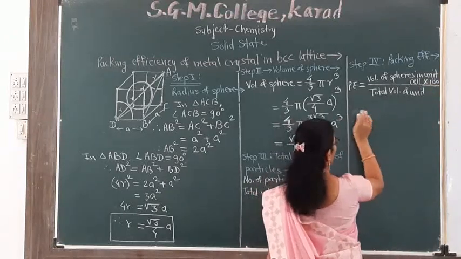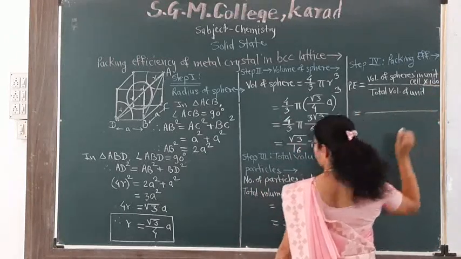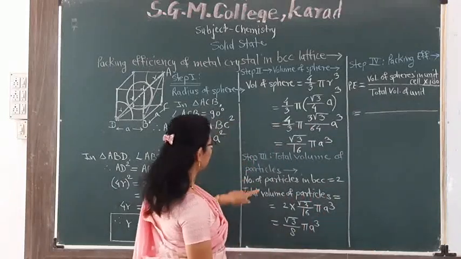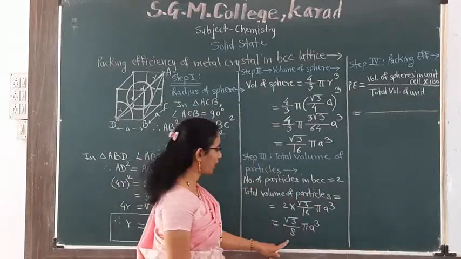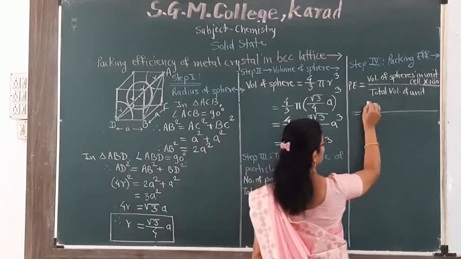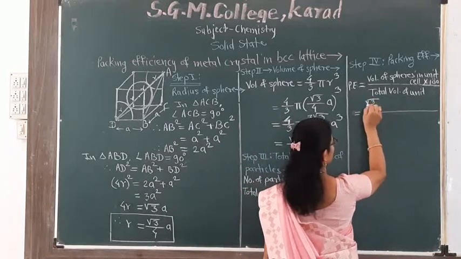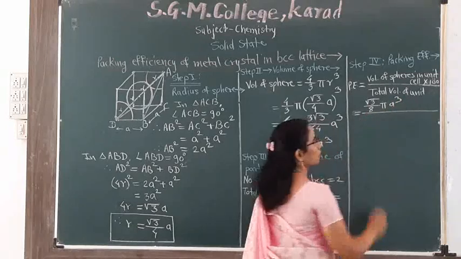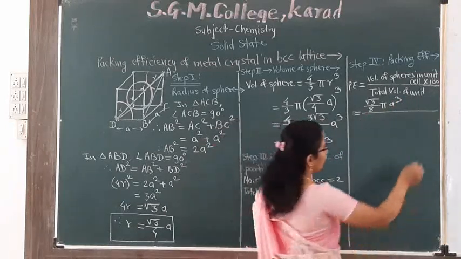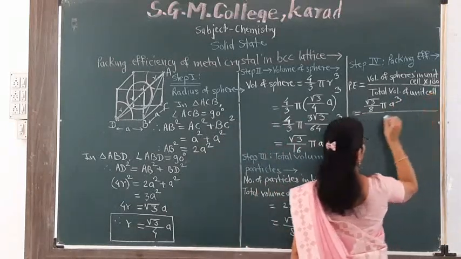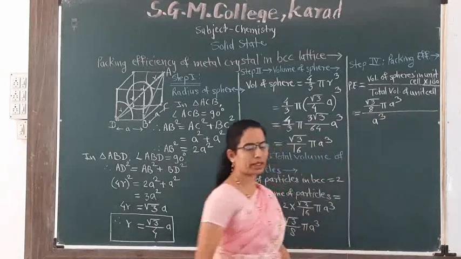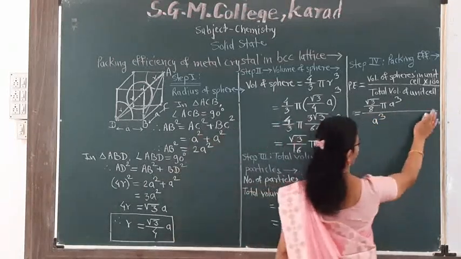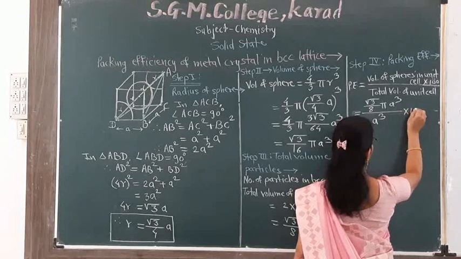So the total volume of spheres in the unit cell, we have determined it. It is root 3 upon 8 pi a cube, upon total volume of the unit cell. Again we know it. It is a cube. Multiply it by 100.